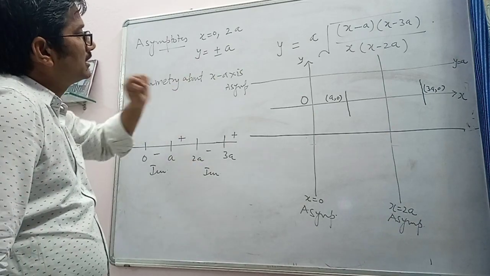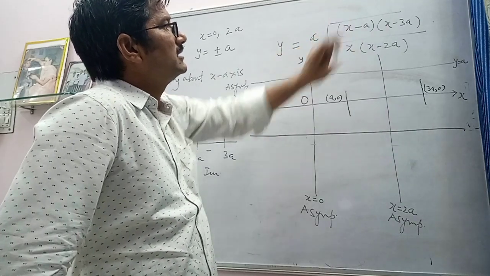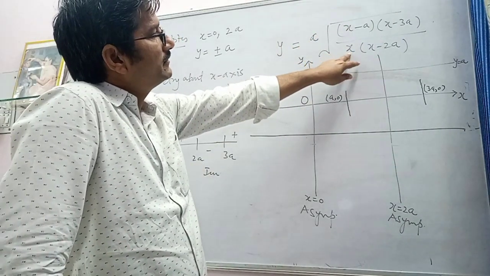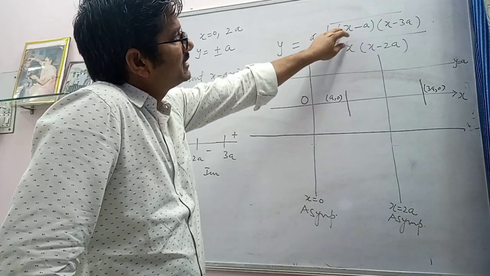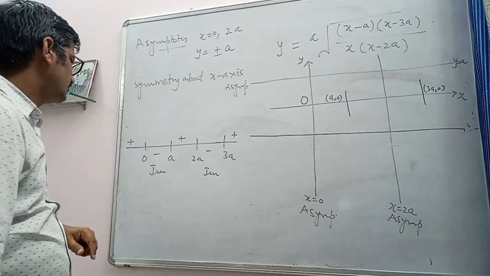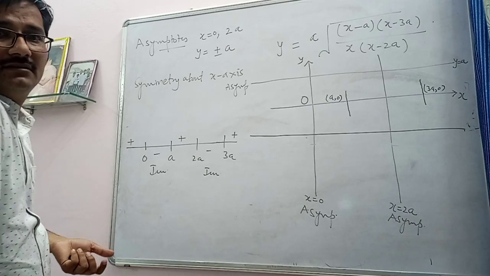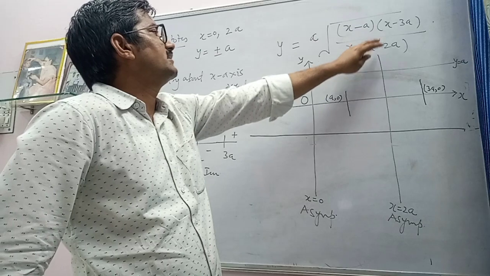If we solve the curve for y, we have a times the square root of this rational expression. The coefficient of x in each factor is plus 1, meaning positive. To apply the wavy curve method, we put each factor to 0.